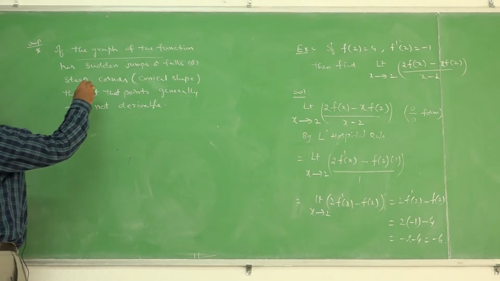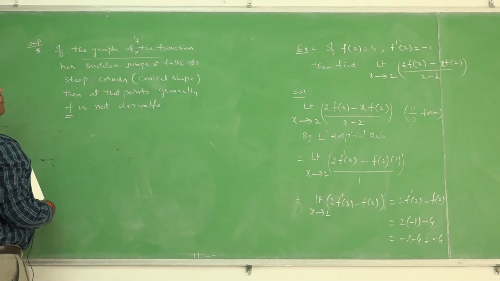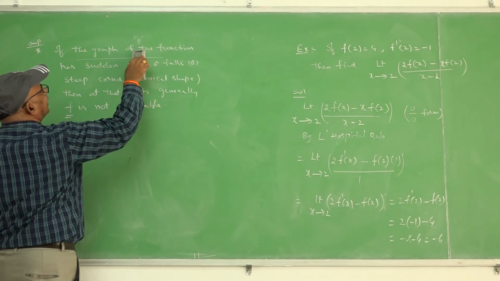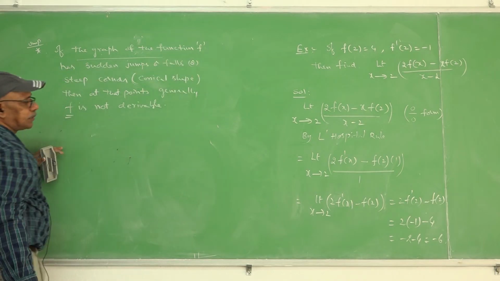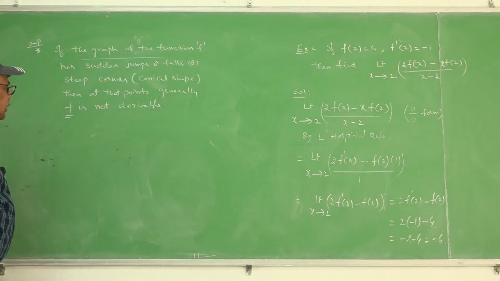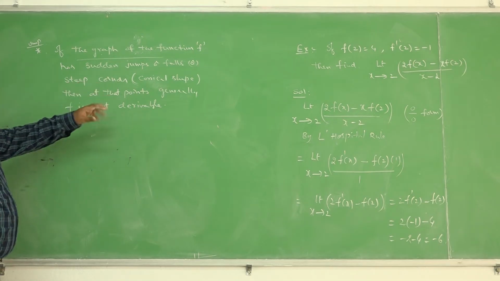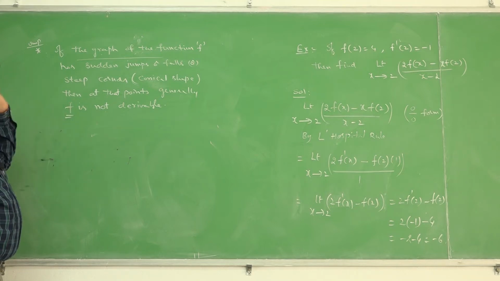The graph of the function f has sudden jumps or falls or steep corners or conical shape. Then at those points, usually or generally f is not derivable.